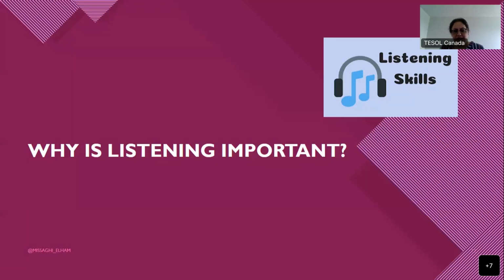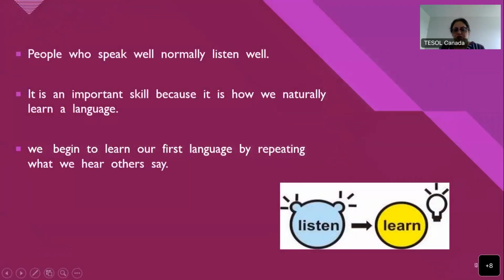Yes, exactly. It helps a lot. Very good. So normally, people who speak well listen well. How do children learn their first language?